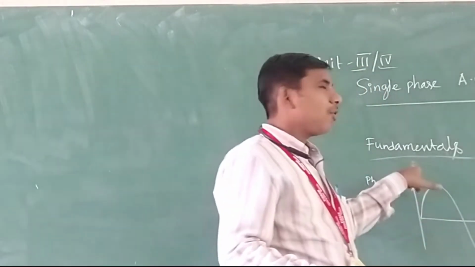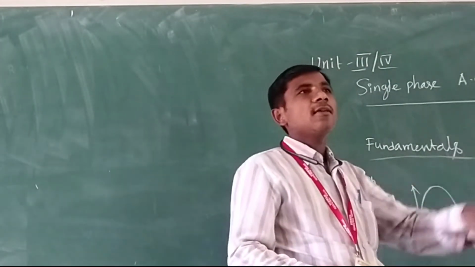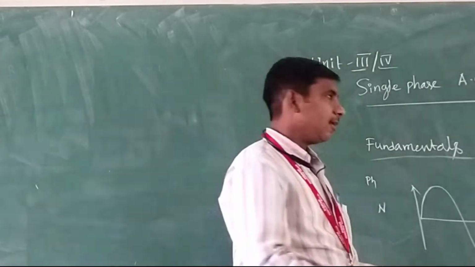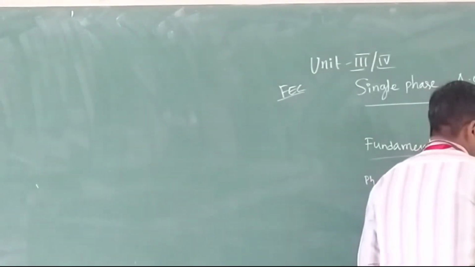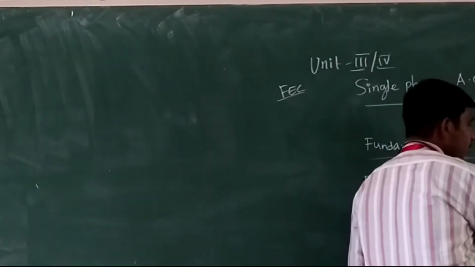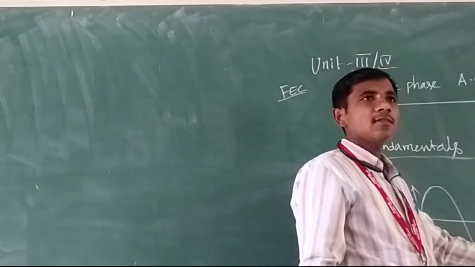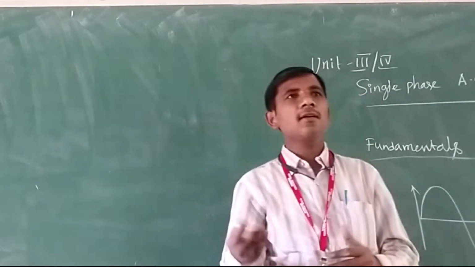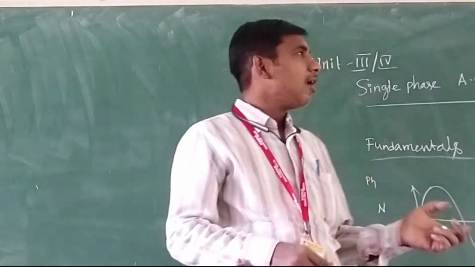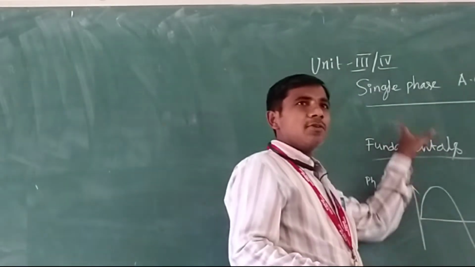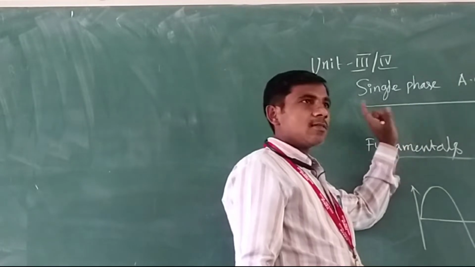If an alternating quantity is applied to a load, what is the phase angle? Suppose voltage and current are applied to an inductive load, how will the phase difference be, and how does it occur in single phase AC circuits? All this comes under single phase AC circuits in our syllabus.